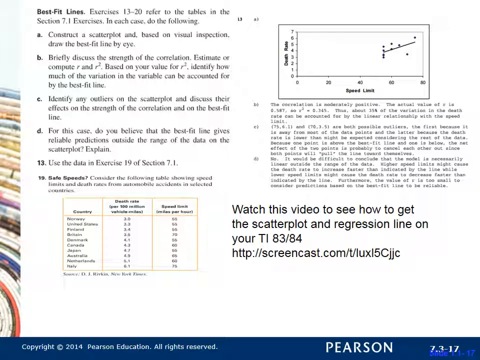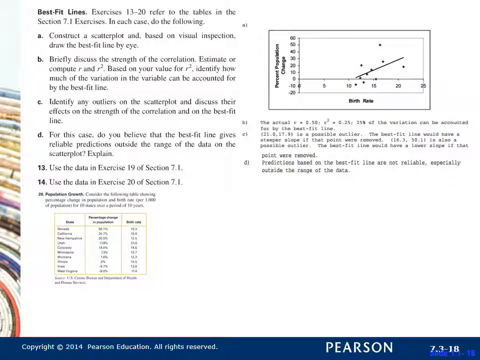So high speed limits might cause the death rate to increase faster than indicated by the line, while lower speeds might cause death rates to decrease faster than indicated. This value of R, and hence R squared, is just too small to consider predictions based on the best fit line to be reliable.